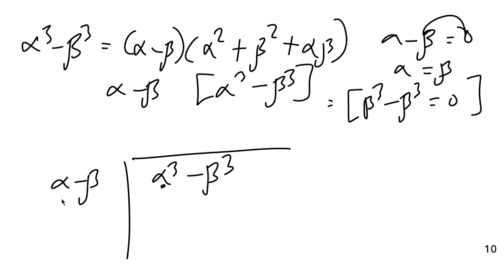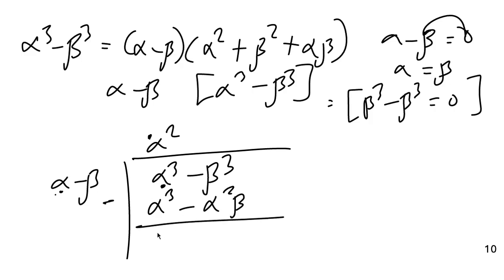So what's alpha cubed divided by alpha? Alpha squared, right? So multiply alpha squared by this, it will be what? Alpha cubed minus alpha squared beta, and then you subtract, so this will be 0. Then 0 minus minus is positive alpha squared beta, then negative beta cubed.